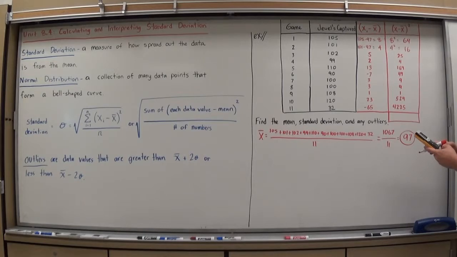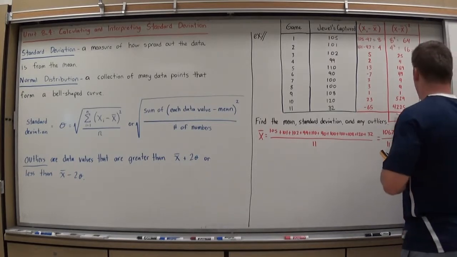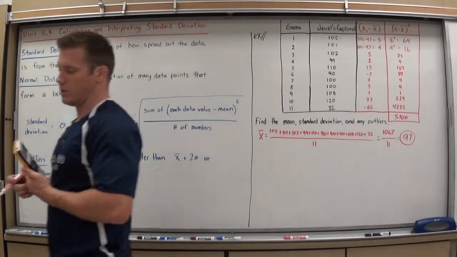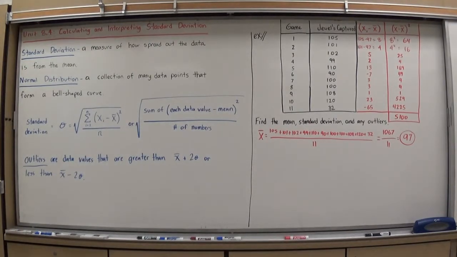So we have 64 plus 16 plus 25 plus 4 plus 169 plus 49 plus 9 plus 9 plus 1 plus 529 plus 4,225. So I'm getting 5,100. You guys check me, make sure I'm right. I don't think I am.